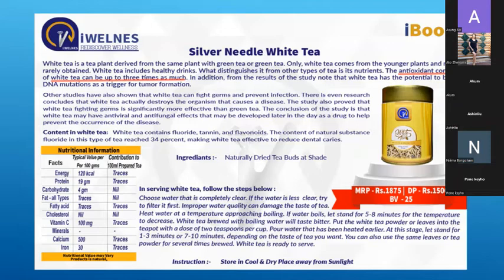The same way, when you take the white tea, there and then, the white tea will cleanse our body and neutralize free radicals, so that you can be free from free radicals and so many diseases. What are the killer diseases? Diabetes is also a killer disease if it is not controlled.